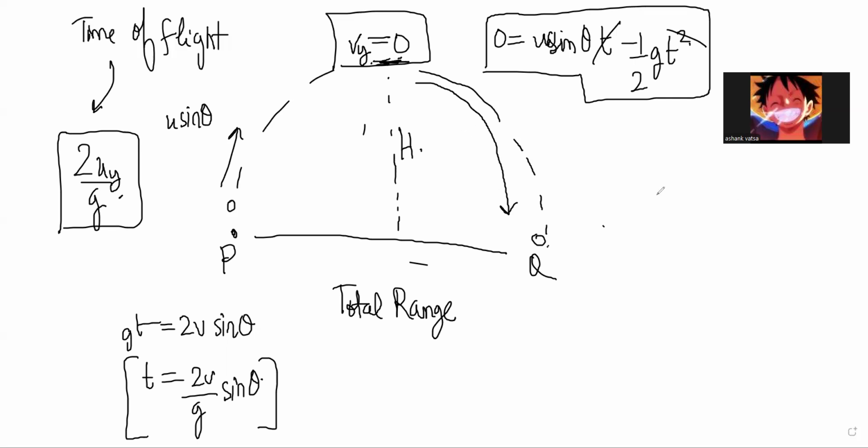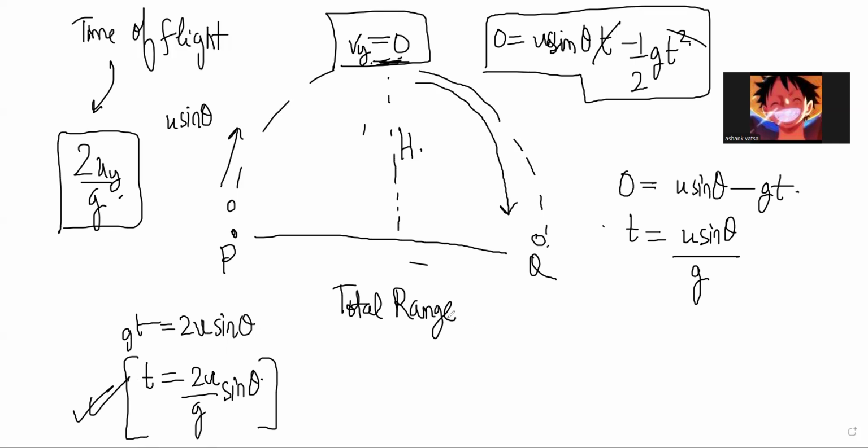So if the vertical velocity is zero, from the first equation, 0 is equal to u sine theta minus gt, right? So the time at which this happens is u sine theta over g. Notice that this is half of 2u sine theta over g, which was the time of flight.